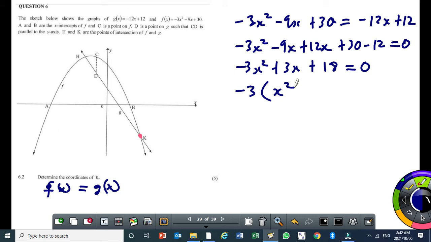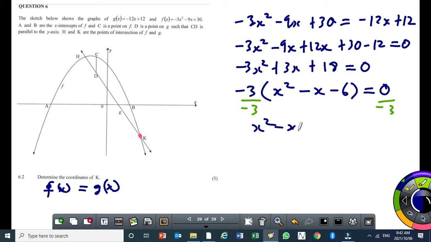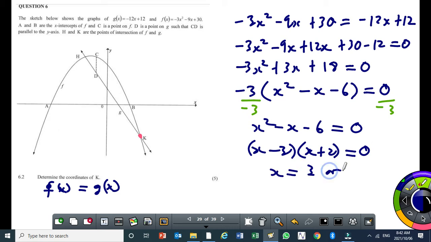Then, as I did in the previous question, you divide both sides by negative 3, and you will get x squared minus x minus 6 equal to 0. When you factorize, you get x minus 3 times x plus 2 equal to 0. And this will give you x equal to 3 or x equal to negative 2.